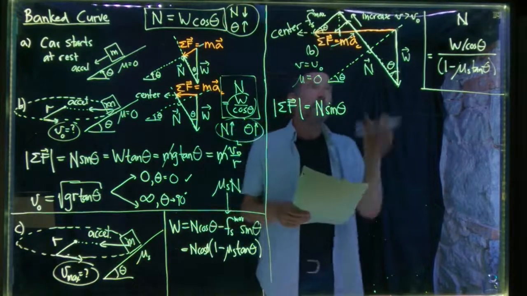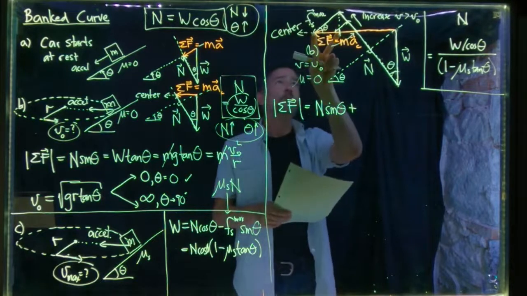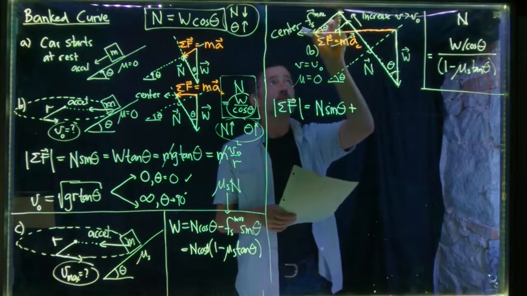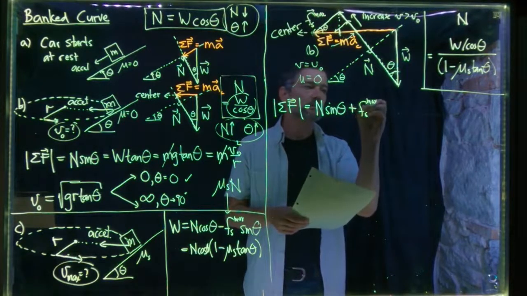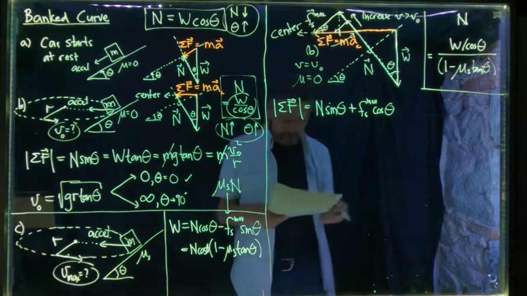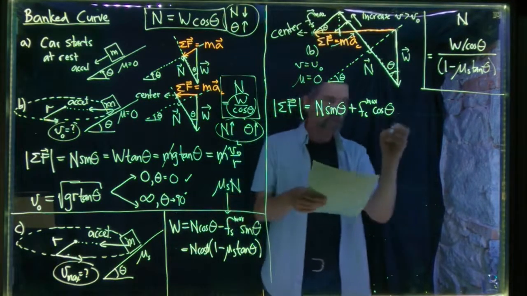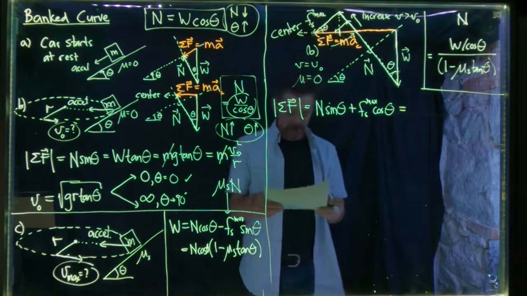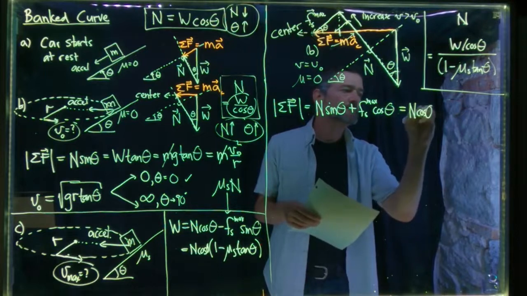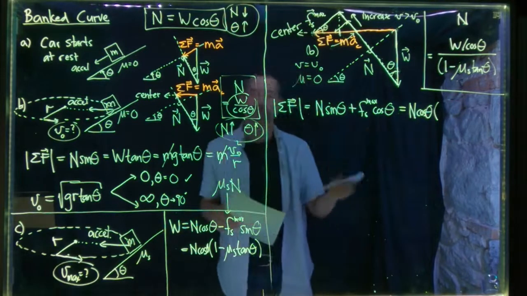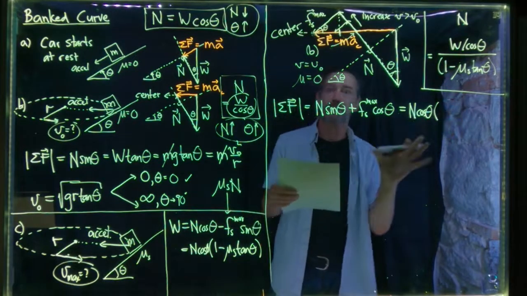Okay, and then that's that part. Now we need to add that part. So plus, well, we take the hypotenuse, Fs max, times cosine of theta. So that's plus Fs max times cos of the angle theta. So we got that. Now, what we're going to factor out of this is an n cos theta. I'm being a little bit clever here. If you work on this a little bit, you'll see that in fact this is the best way to write the answer.